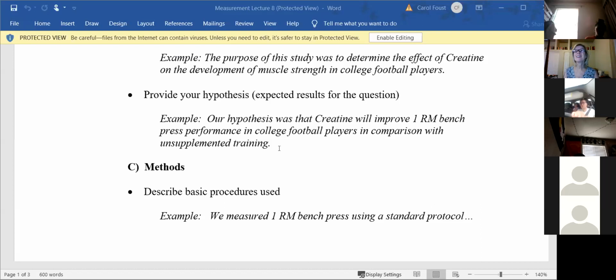Could we predict the use of barrier protection and contraception by knowing how permissive somebody is? I don't know. Those are some variables we could look at. But we would provide our hypothesis here, or we might say, I think men have a more permissive sexual attitude than women, or vice versa.